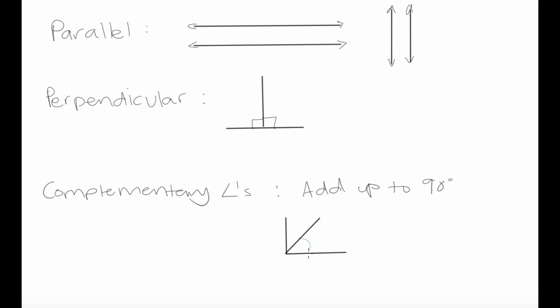We have this angle here, and we have this angle here. So we have two angles that together add up to 90 degrees. So let's say this is angle B, and this is angle A. Angle A plus angle B equals 90 degrees. So because these angles together add up to 90 degrees, we call them complementary angles.